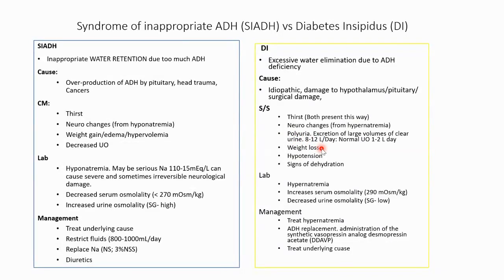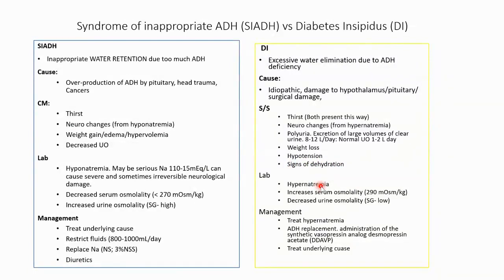Well, certainly they're not going to have weight gain because they're losing water. So hence we would tend to see weight loss. They're losing water in their vascular system. We're going to see hypotension and signs of dehydration. So over here we see signs of fluid volume excess and hypervolemia. Here we see signs of fluid volume deficit and dehydration.